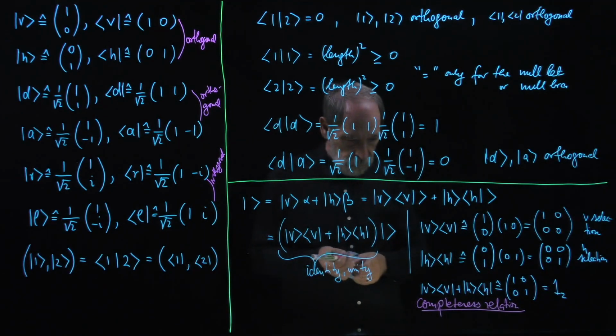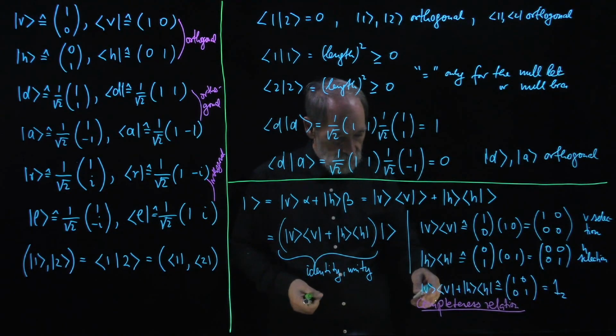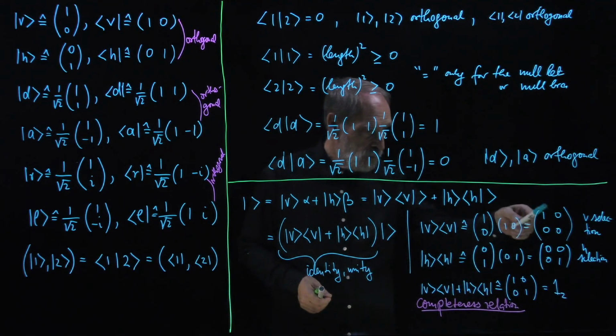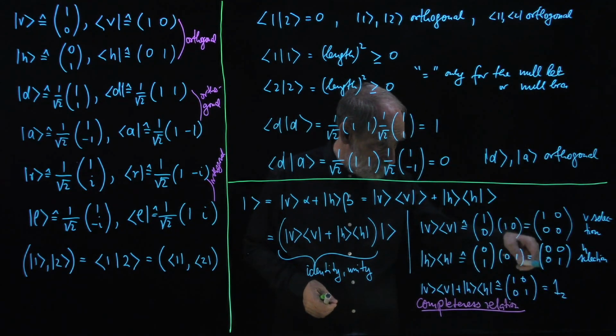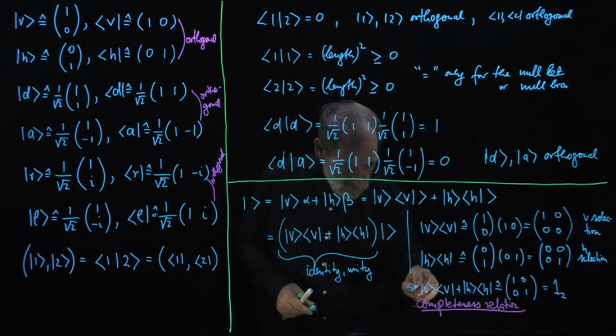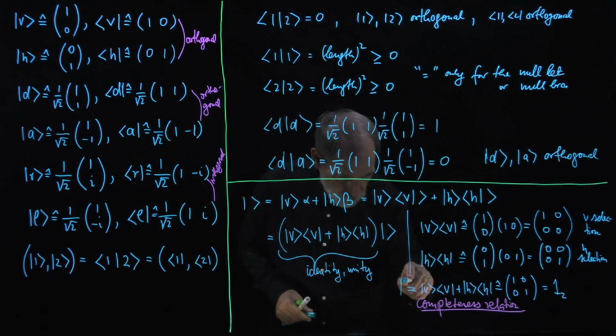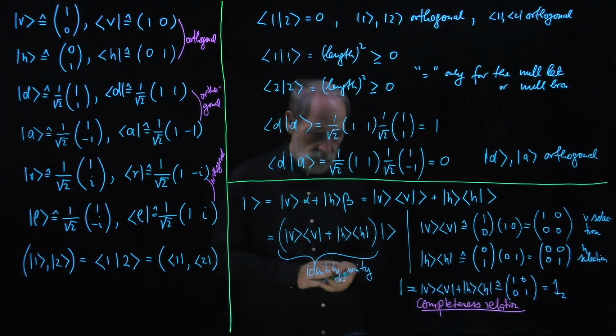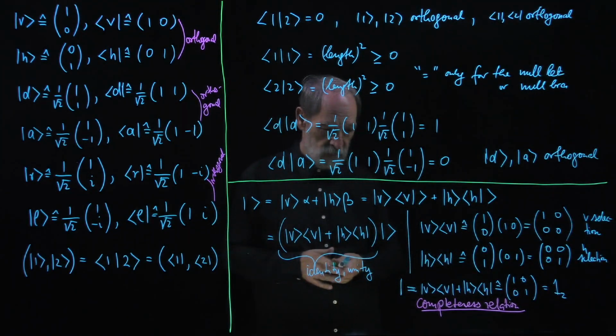So the sum of the ket-bra product of vertical and vertical plus the ket-bra product of horizontal and horizontal, which by themselves are described by these very simple matrices, that sum is the identity, for which I just write 1, just like the identity for multiplication in other contexts is denoted by the symbol 1.